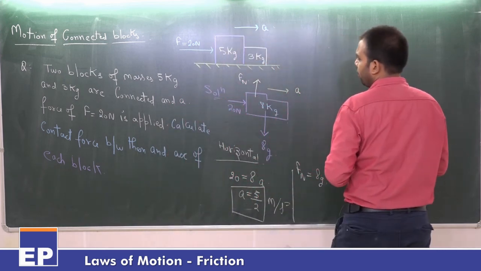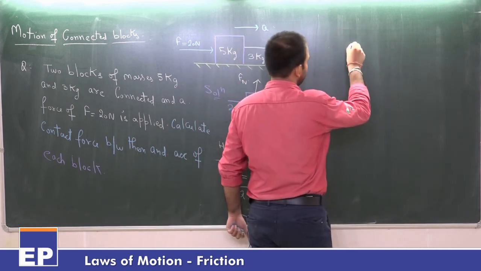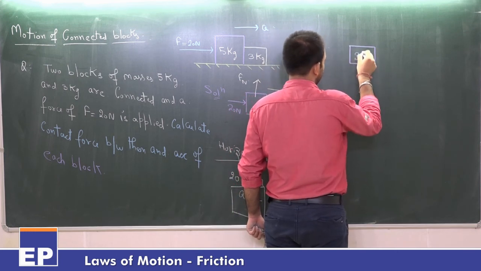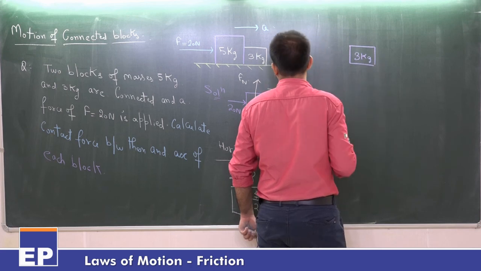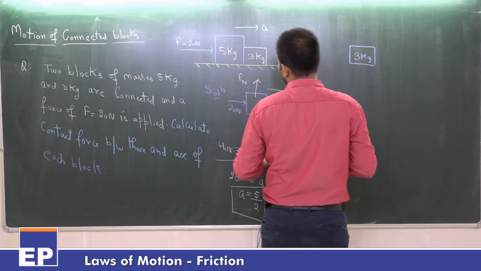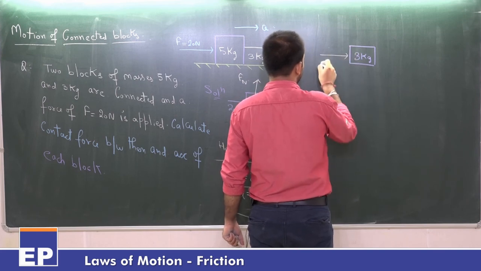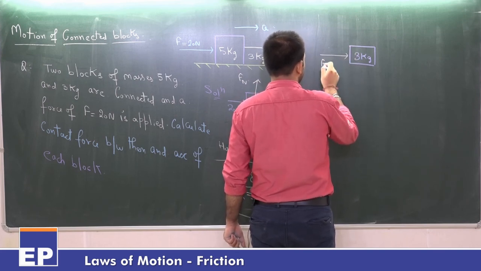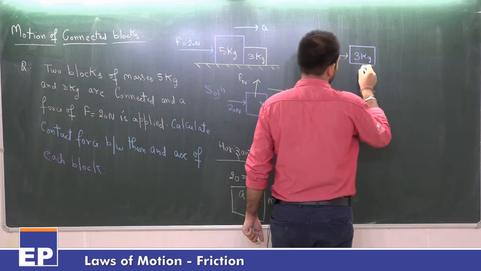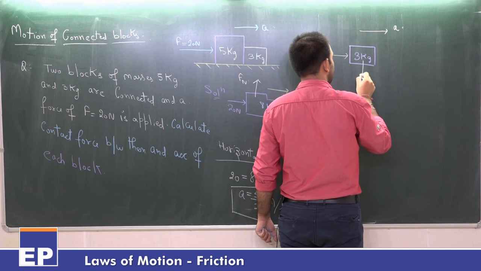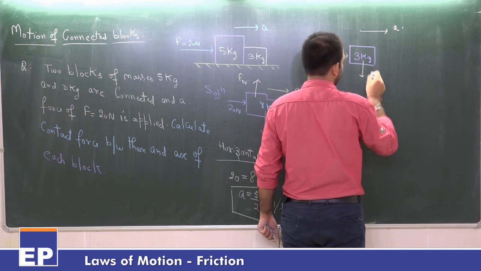If you draw another free body diagram, let's suppose of the 3 kg, on the 3 kg there is only one horizontal force exerted, that is by the 5 kg on the 3 kg. That is the contact force F1. Besides this, it is also moving with A. There is 3g acting in the downward direction.